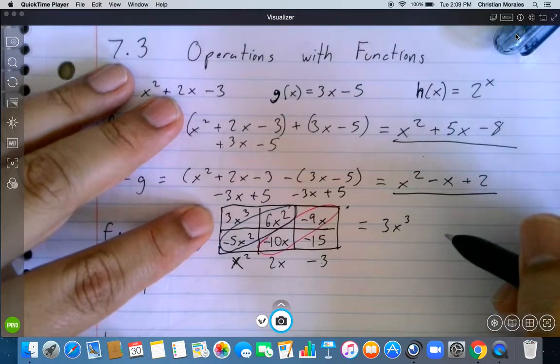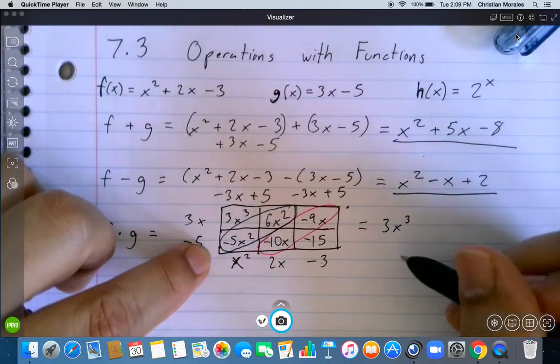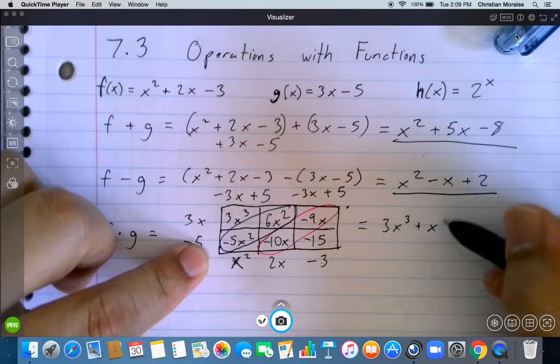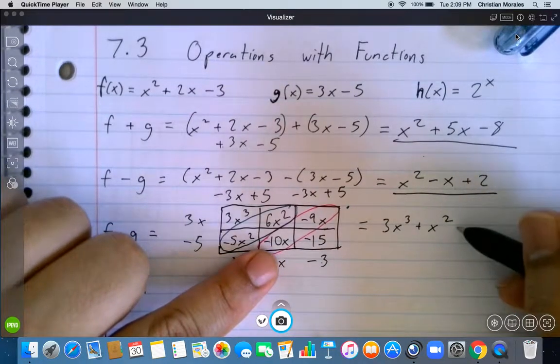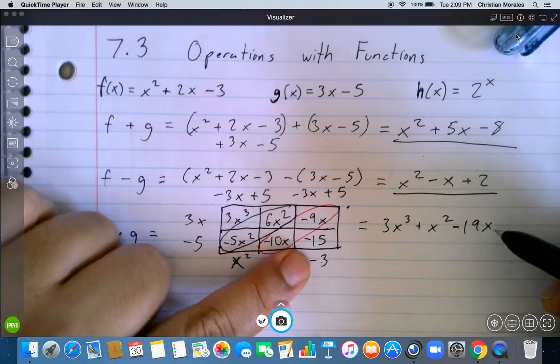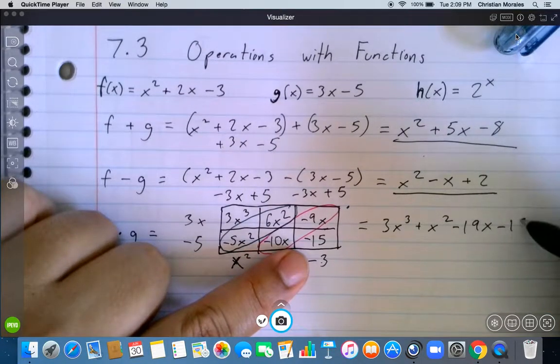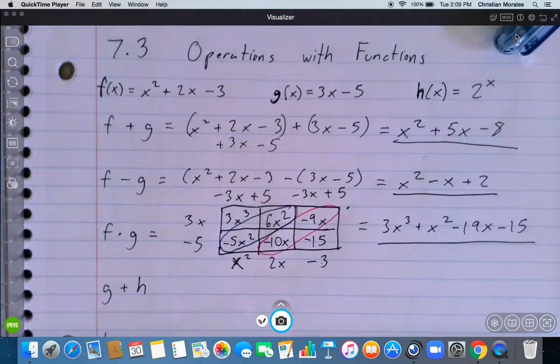That's my first term. What about your x squareds? Well, I got a negative 5x squared and a 6x squared. That's going to make it just 1x squared. I got a negative 10x and a negative 9x. If I put those together, I get negative 19x. And there's only one single term, minus 15. And guys, this is the answer. So when you're multiplying, I highly recommend area models, okay?